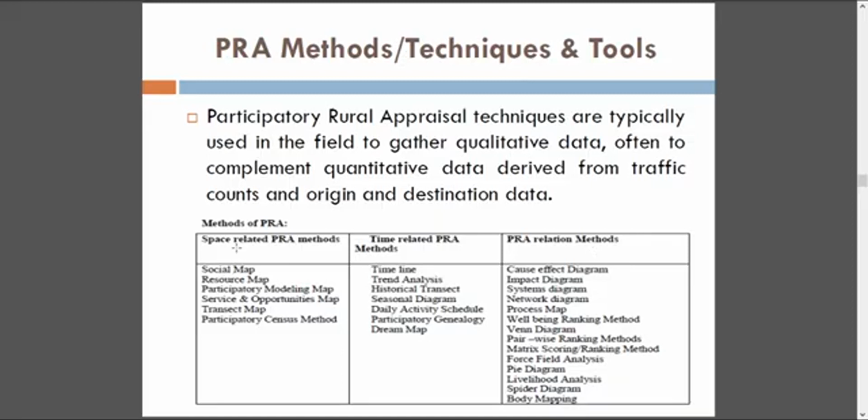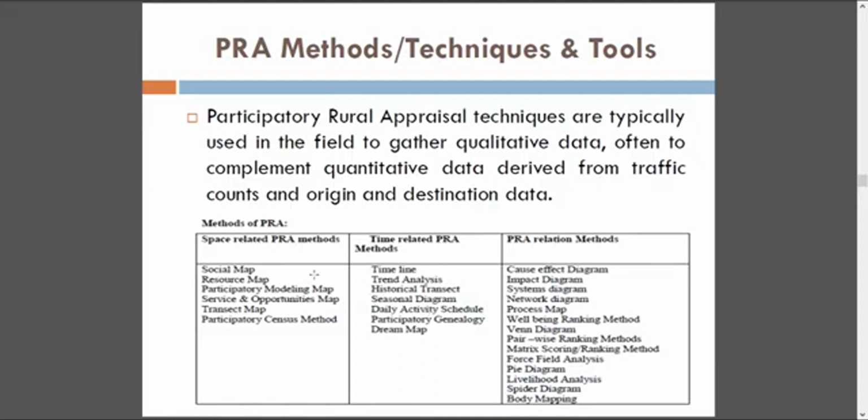So we have the space related, where we have the maps, most of the maps, the social maps, the resource maps, participatory modeling maps. We have the service and opportunities maps. We have the transact maps, and we have the participatory consensus maps. Then in the time related, we have mainly timelines and trends. We want to see how things have been happening over time.